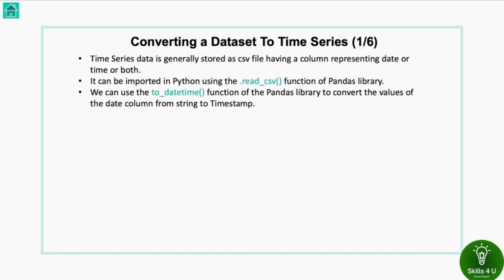A time series can also be imported into Jupyter Notebook as a CSV file. If the datetime values are strings, they can be converted to timestamp using the to_datetime() function of Pandas.